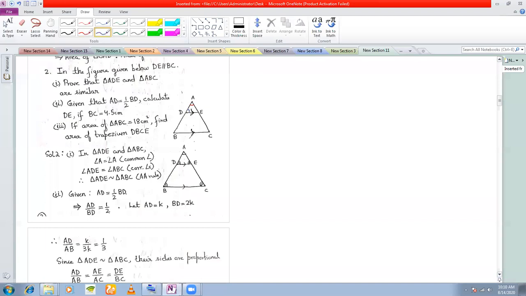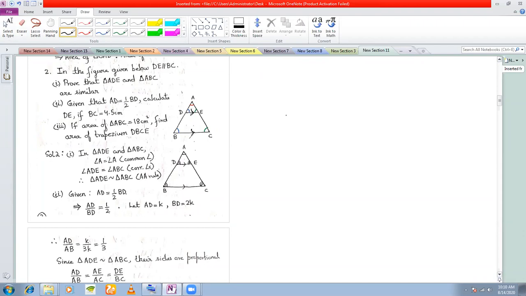This angle is equal to this angle because they are corresponding angles. So two angles of the two triangles are proven to be equal, and therefore they must be similar. And let me mark the third angle also so that I can write the proportional sides later on. So these two triangles are similar according to your type 2 figure.